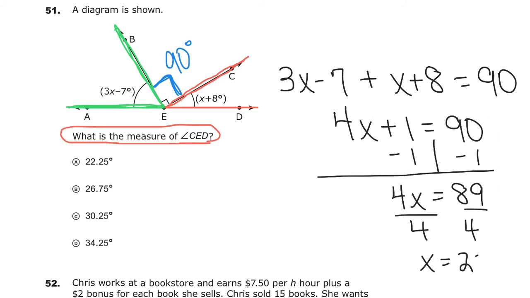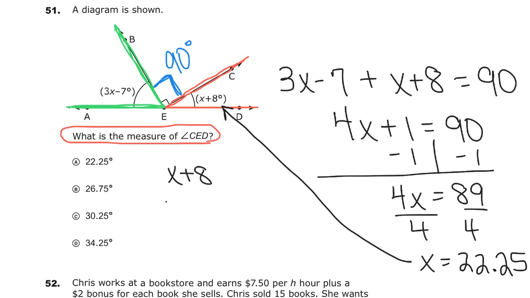X equals 22.25. So are we automatically going to jump the gun and choose A? No, we need to double check the question. The question doesn't say find X. It says find angle CED. So your X has to go into the problem.